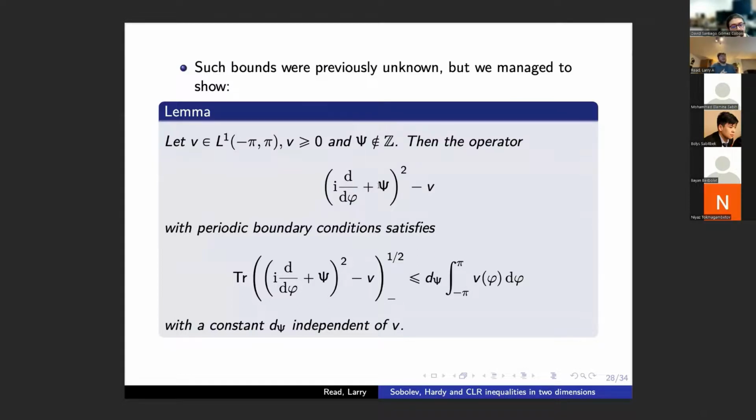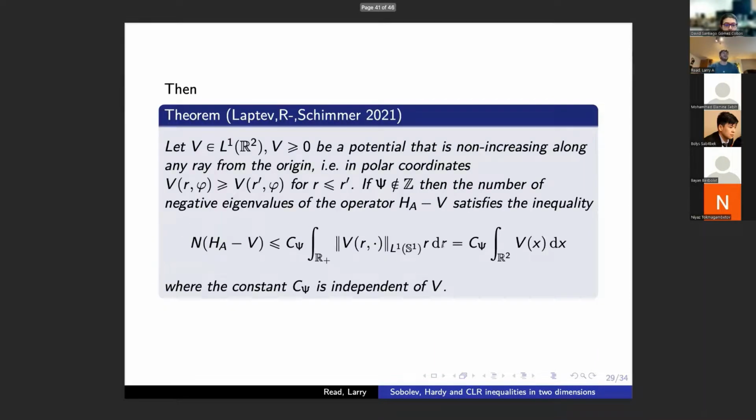And actually, it turned out that the magnetic potential was exactly what you needed to be able to bound this above by the L1 norm of V. In fact, if you had some integer potential here, which corresponds to the flux of the Aharonov-Bohm magnetic field, then this constant actually blew up. So this is exactly what we needed, and of course we were then able to apply this to get this CLR inequality with magnetic field in 2 dimensions.